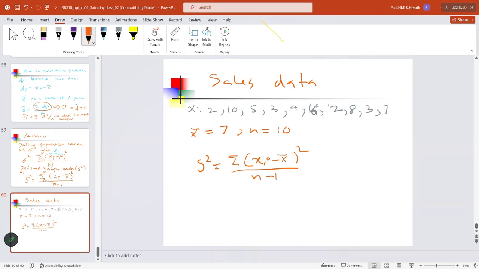Now we can do this. We have x: 2, 10, 5, 3, 4, 16, 12, 8, 3, 7.